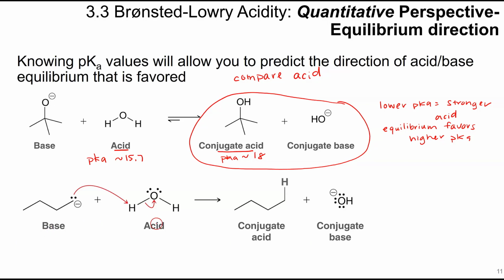For the next example, we're going to compare acids again. The pKa of water is the same, so that's 15.7. For an alkane, that was around 50. So this one is very favored, which is why the arrow here favors the products. You're looking for the higher pKa, so this side is favored. It's not really much of an equilibrium, it's just a reaction that happens.